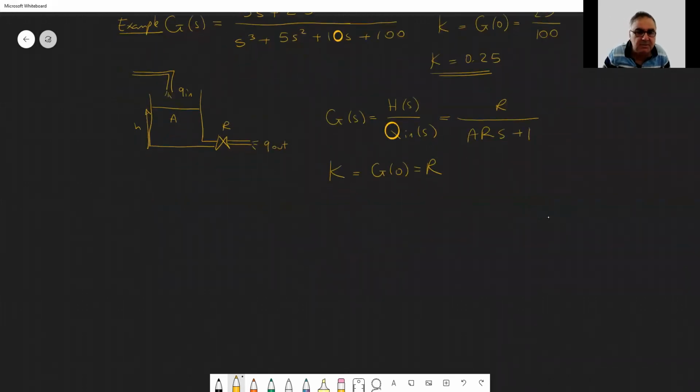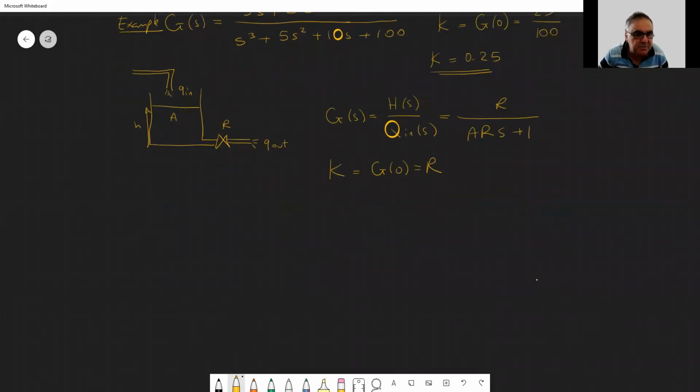But on the other hand, if you define another transfer function for the same system, G of S equals, let's say, Q out of S divided by Q in of S, this will be a different transfer function. The denominator will be the same, but the numerator is different. Instead of R, we have Q1. Here the K, let's call it G bar.